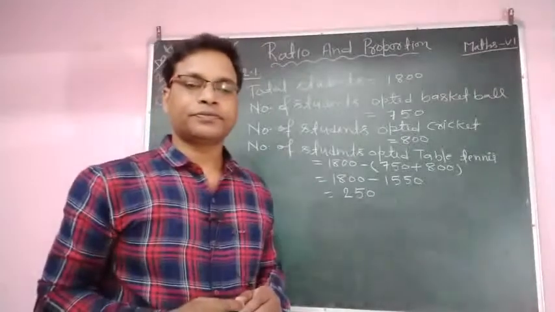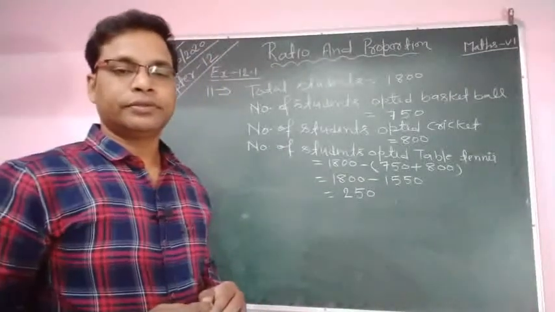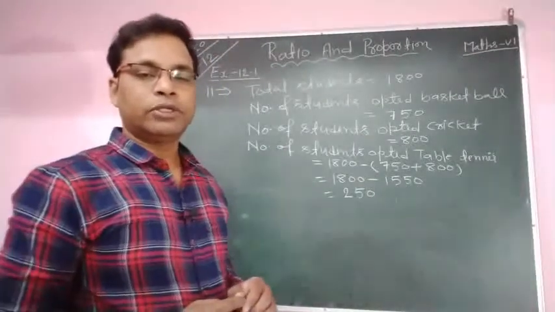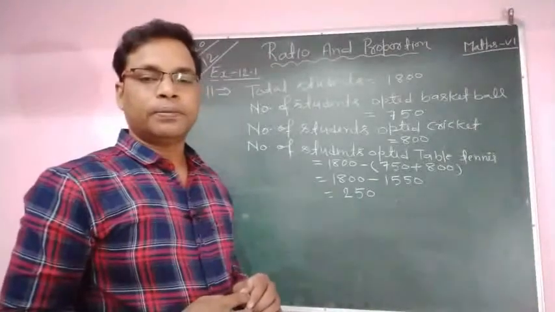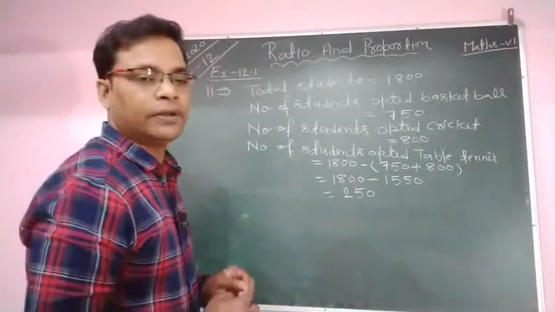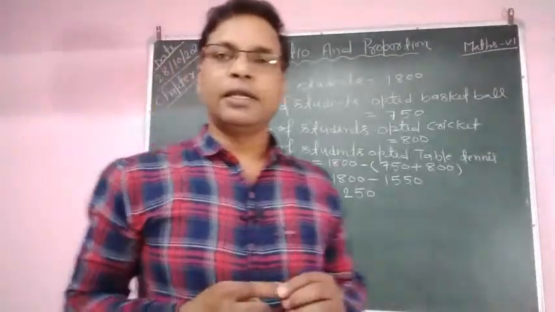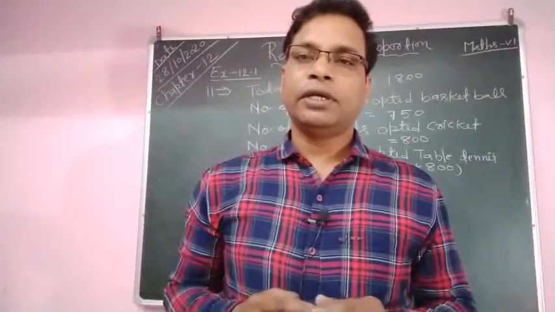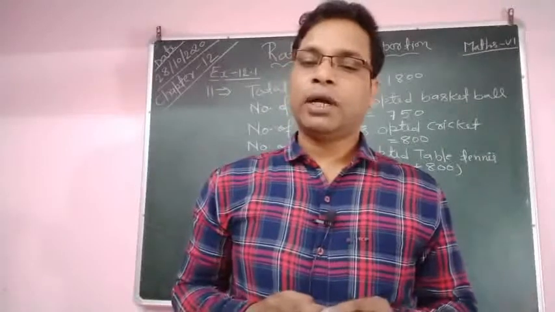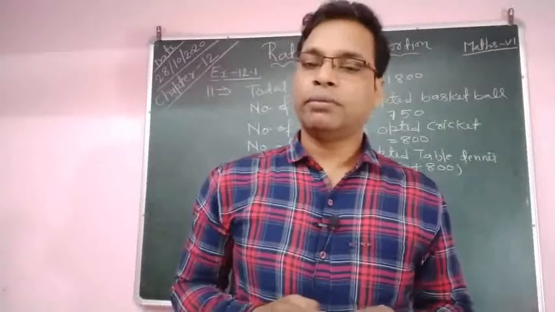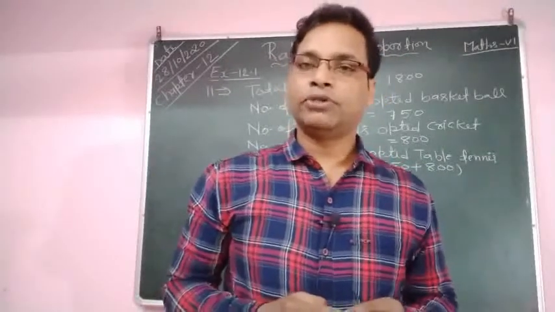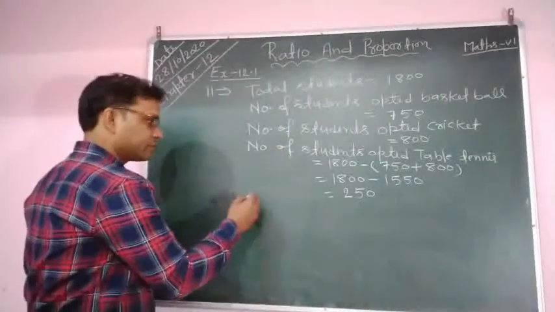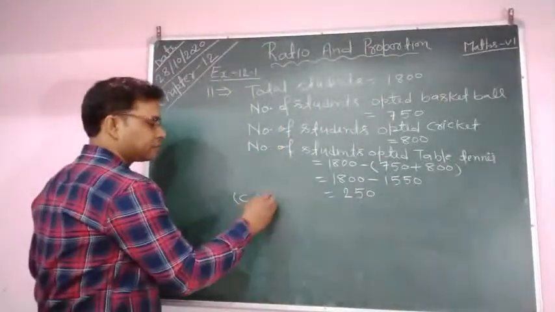In this C part, we need to find the ratio of the number of students who opted for basketball to the total number of students. Okay, so let's see. This is the C part.